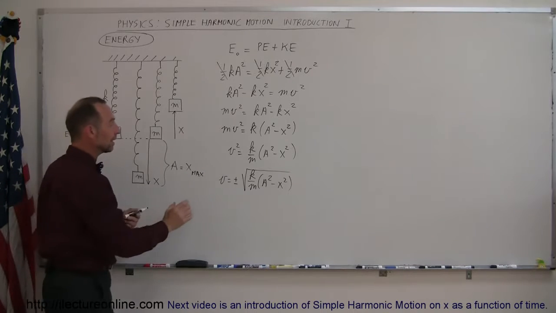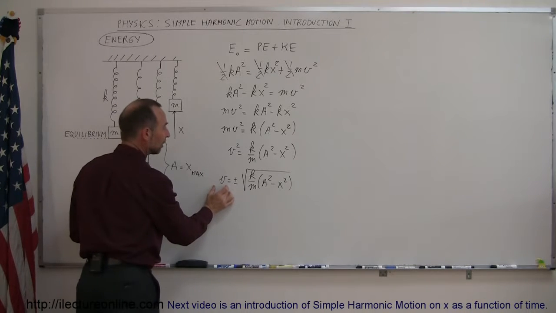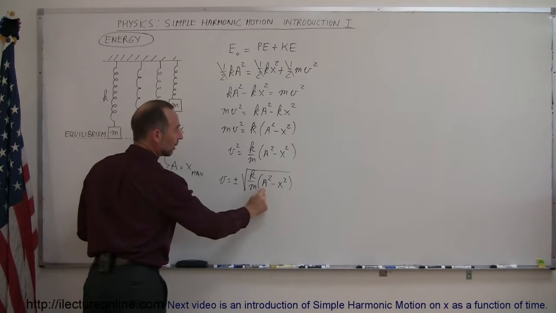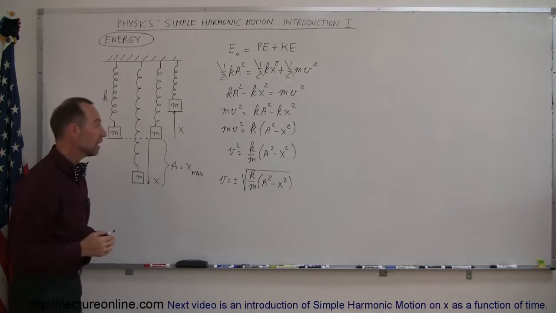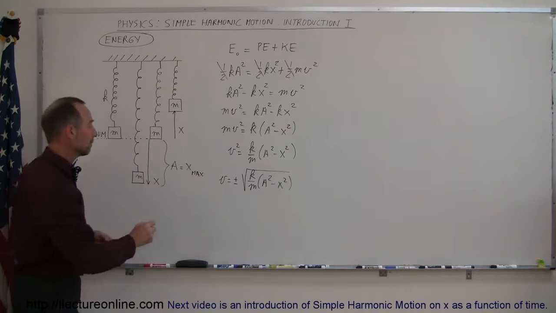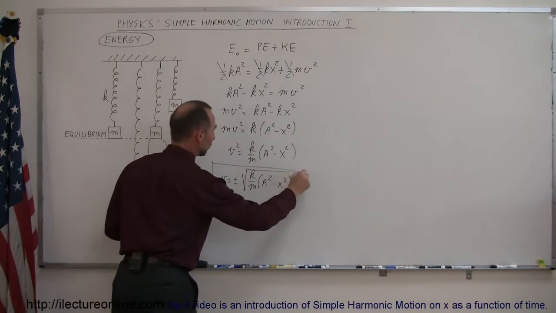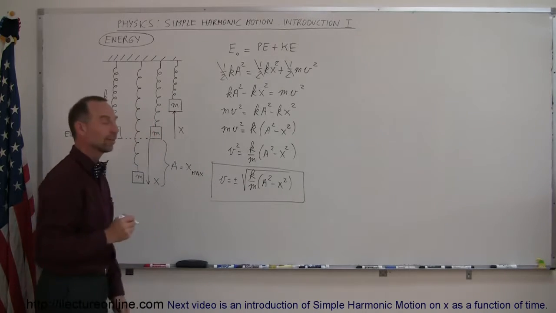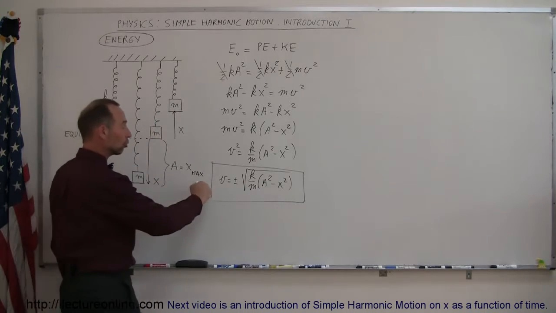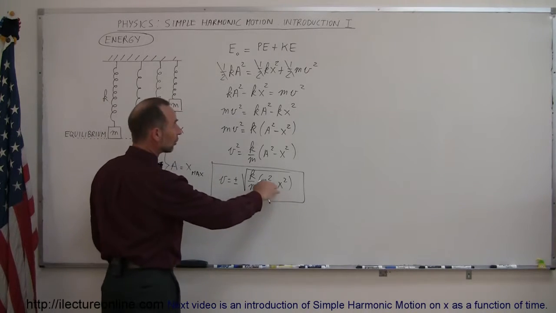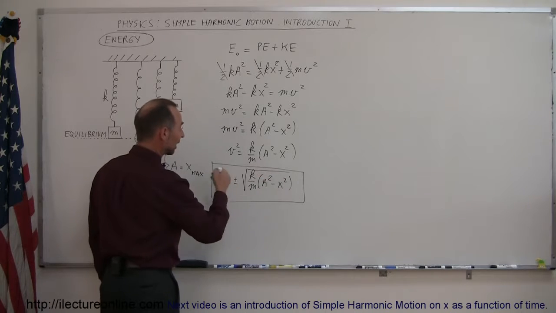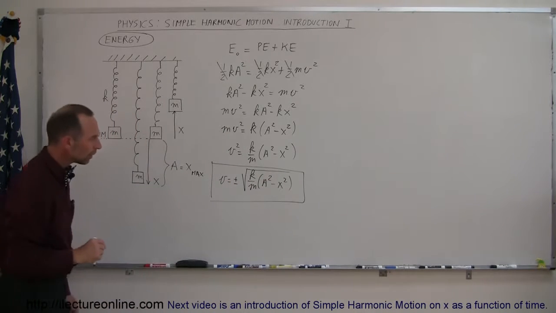Notice that the magnitude of velocity definitely depends upon the difference between the maximum amplitude and the position of the mass. That is one way we can look at the velocity as a function of x. Later on, we're going to show you some examples of how you can plug in certain values for x to get certain values for v.